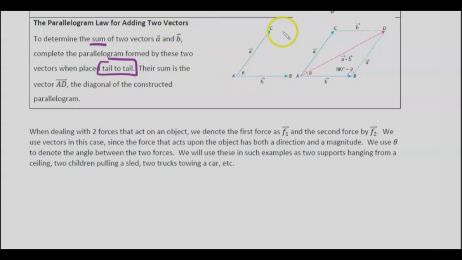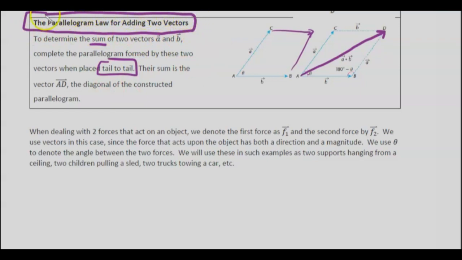And then we complete the parallelogram. Their sum is the vector AD. Okay, so we can see this here, this is the resultant, the diagonal of the constructed parallelogram. So we already talked about this, but now I'm saying this is called the parallelogram law for adding two vectors.